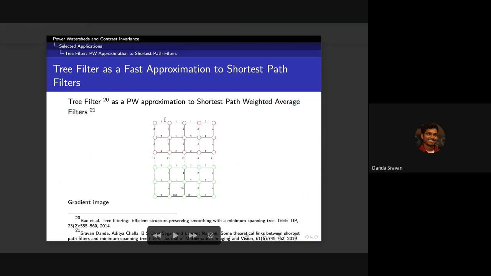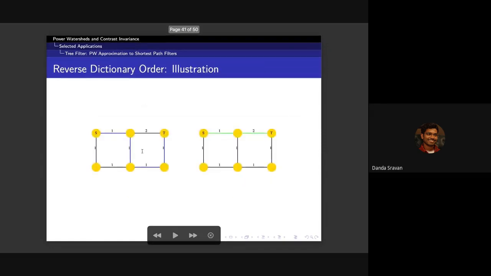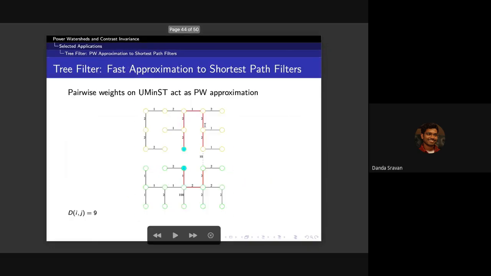I'll simply take you through the intuition, I won't go into all the details. The basic idea is that, instead of working on the number of hops on the original image graph, these authors used a minimum spanning tree of the original image graph.